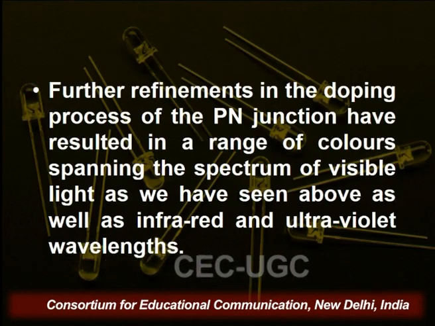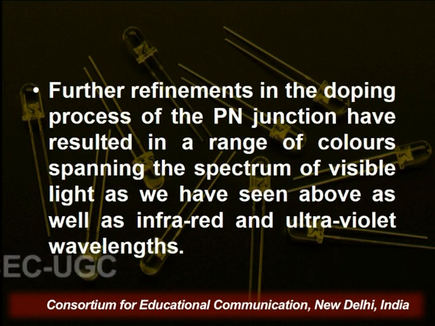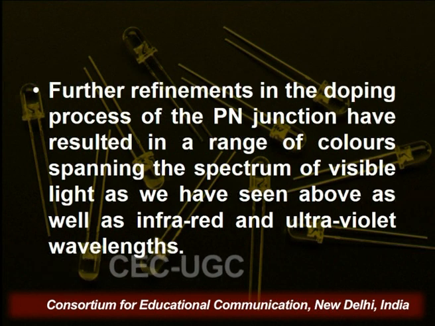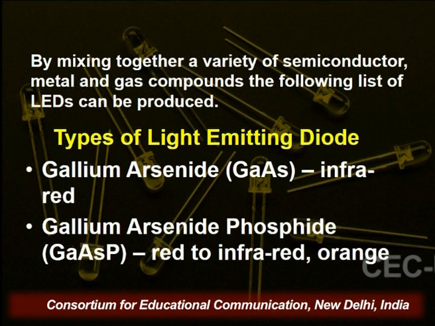So visible red light can be seen by the human eye. By using phosphorus doping, we can make a visible LED. Further refinements in the doping process of the PN junction have resulted in a range of colors spanning the spectrum of visible light, as well as the infrared and ultraviolet regions.